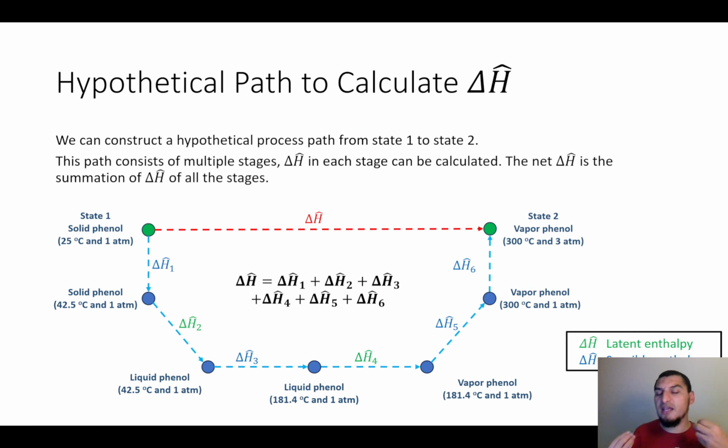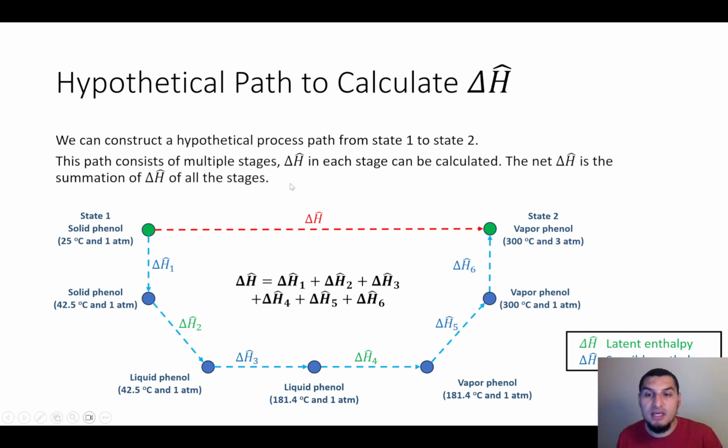So this is an important thing to understand, because this is what we are going to be doing from now until we finish the course. So this idea must be very, very clear. And it also has to be clear that this is possible because the enthalpy here and the enthalpy here are both state properties. It doesn't matter what the previous state was. It doesn't matter how we reached this point. Meaning I can do another hypothetical path and still get the same result as long as the path is fine.